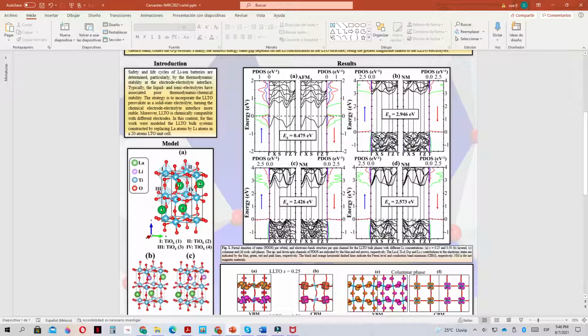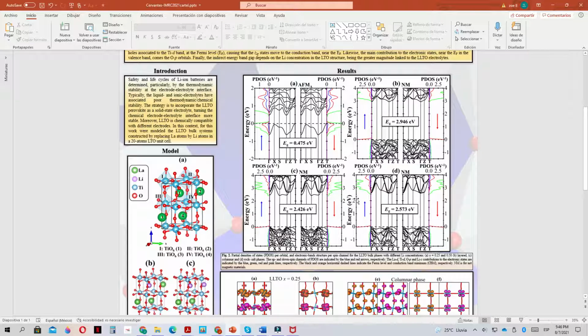Results. In figure 2 it can be seen that once the LTO perovskite structure holds lithium atoms, the electronic band gaps remain indirect. For x equals 0.25, the electronic band gap decreases by 62% compared to that for the LTO bulk material.